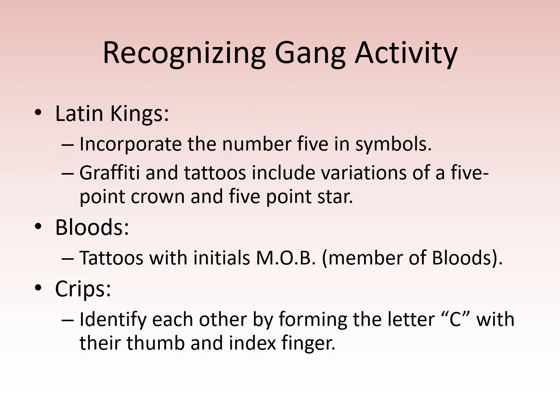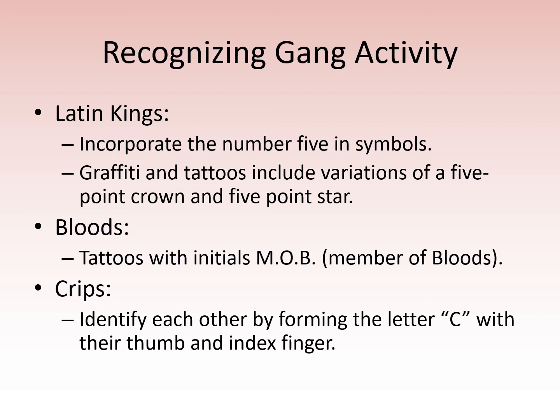When we look at gang graffiti and different clothing styles and so on, which ones are associated with different gangs? Well, the Latin Kings incorporate the number 5 in a lot of their symbols. And their graffiti and their tattoos have variations of either a 5-pointed crown or a 5-pointed star. Now the Bloods normally have tattoos with initials like MOB, member of the Bloods.